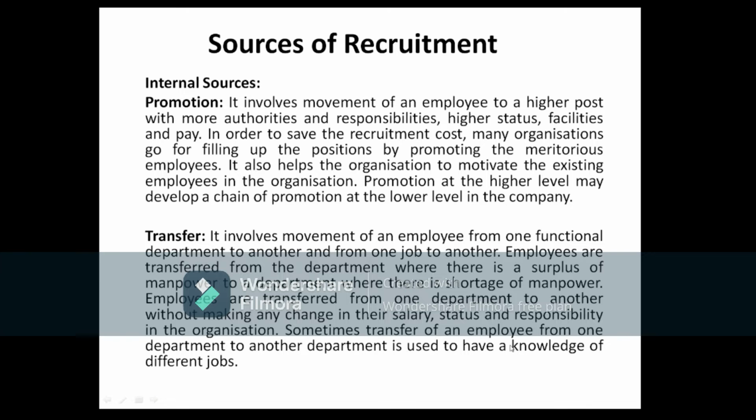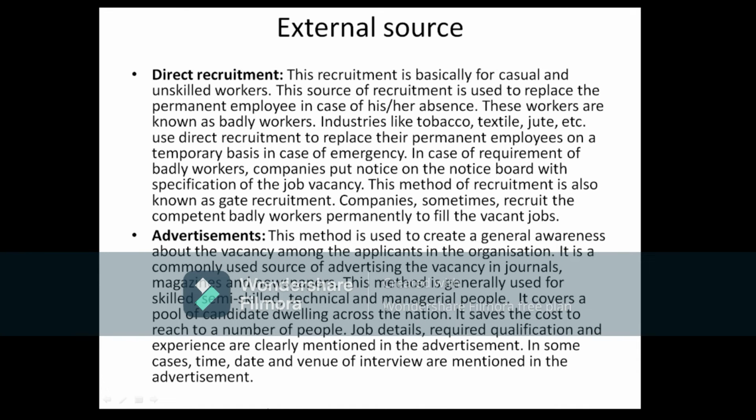Now moving to the next slide, the external source of recruitment, right? The external source of recruitment is the source where the organization locates people outside the organization.